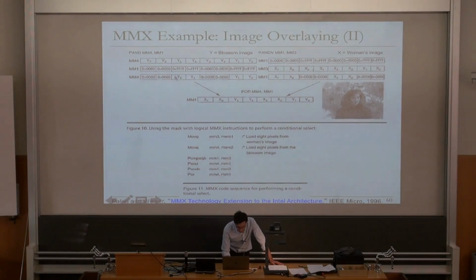As you can see in the output vector registers, only those pixels that are really useful for us remain. These pixels from the blossom image correspond to the actual background, and these pixels from the woman's image are the pixels that actually correspond to the woman. We finalize by ORing MM4 and MM1, so that we get the final image.